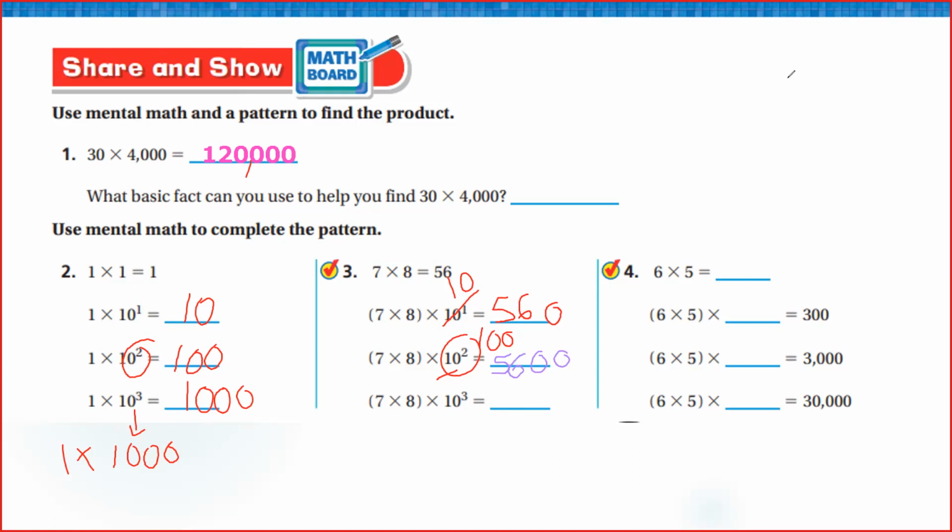Is it right? Yes, Lana. Now look at the fourth one here. 10 to the power of 3. What does it mean? 3 zeros.